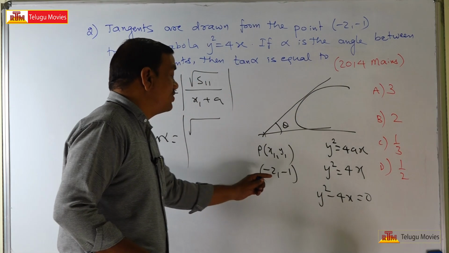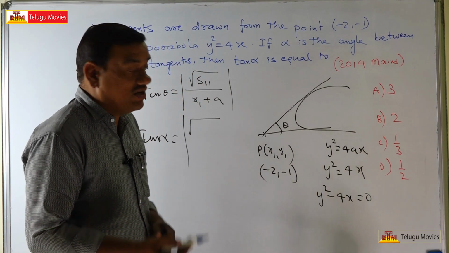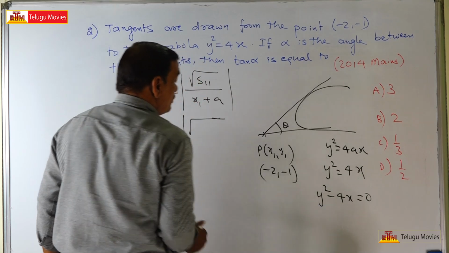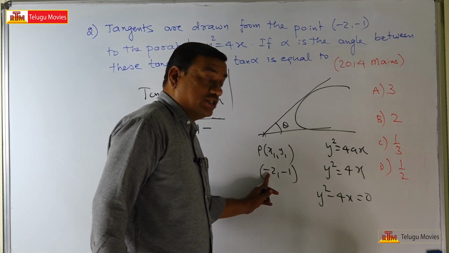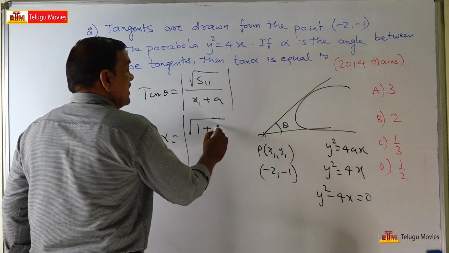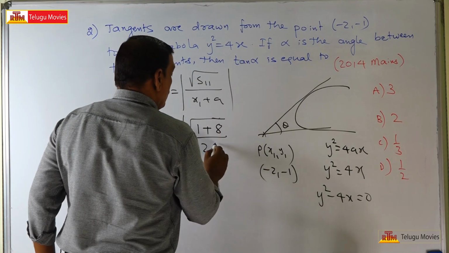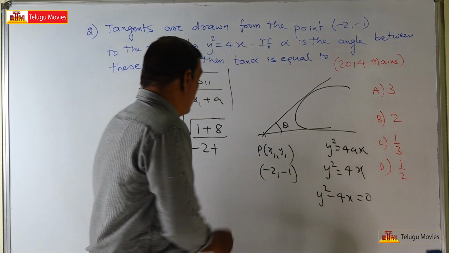S11 means you have to substitute this point in the left hand side of the given equation. That is y square, minus 1 whole square, 1, minus 4x, x value is minus 2. So minus of minus plus, total you will get here 8, upon x1 means minus 2 plus a value, which is 4a is equal to 4, therefore a is equal to 1.